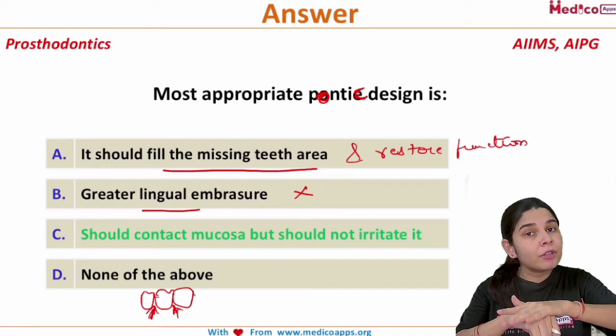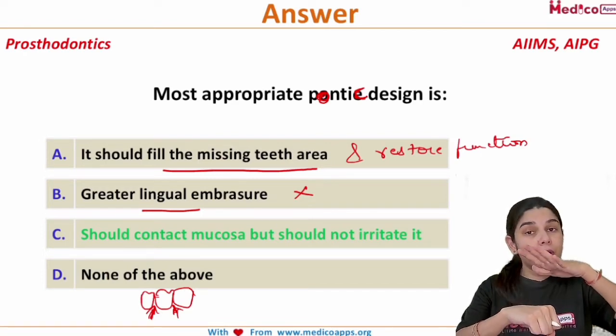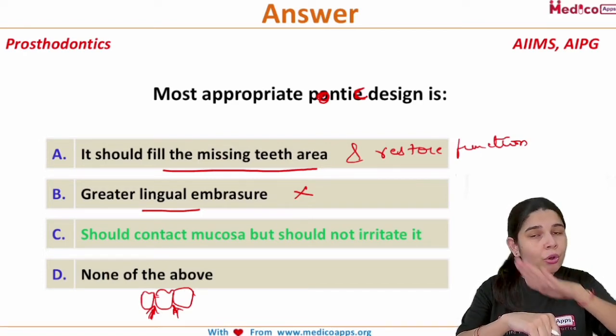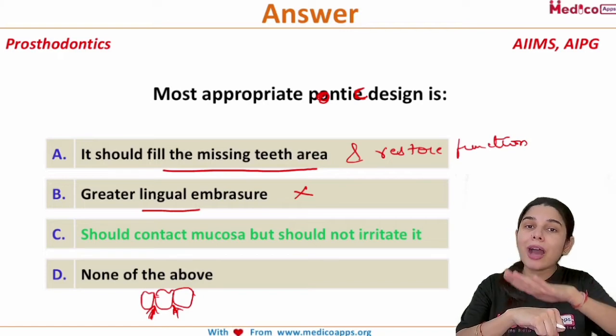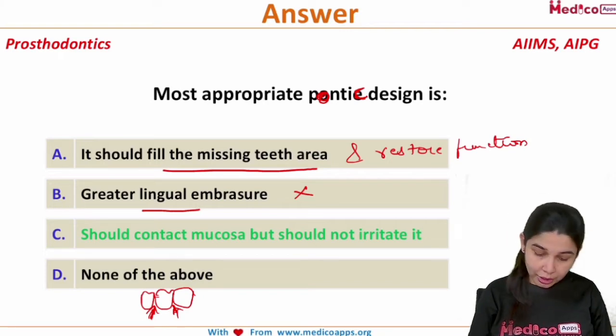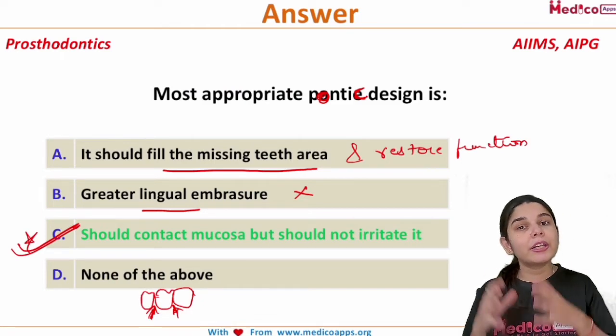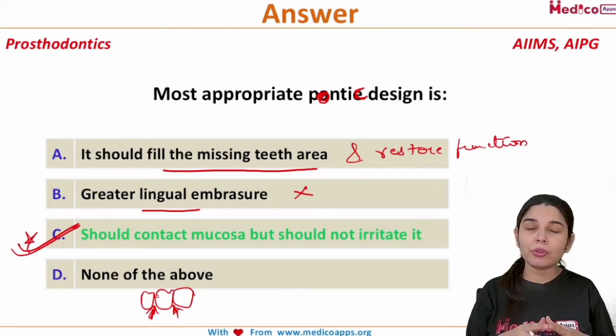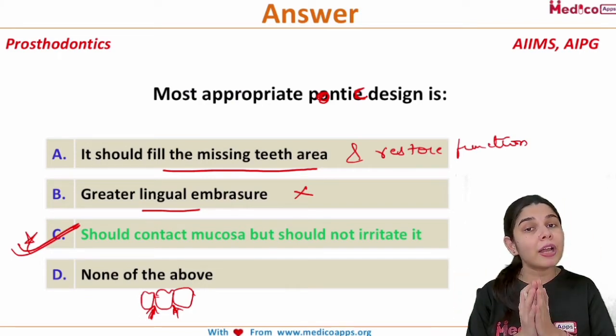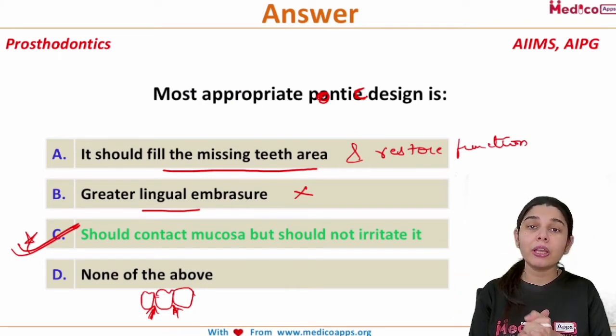It should preserve the oral mucosa so that there is no resorption, plus no ulceration of the oral mucosa. So the answer is option C, that it should contact the oral mucosa but should not irritate it. This is the complete answer we are looking for regarding the ideal requirement of the Pontic.